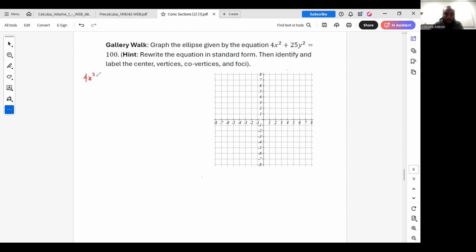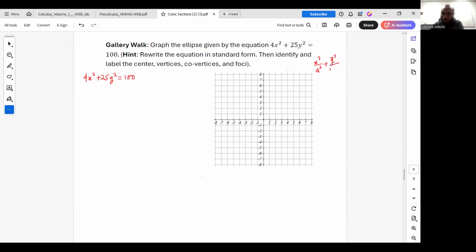4x squared plus 25y squared equals 100. It is an ellipse. We are told that it's an ellipse. Graph the ellipse given by the equation. Now, remember, the equation of my ellipse should be in this form, at least.